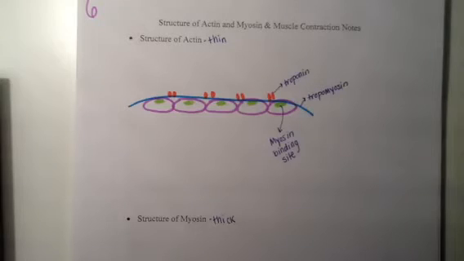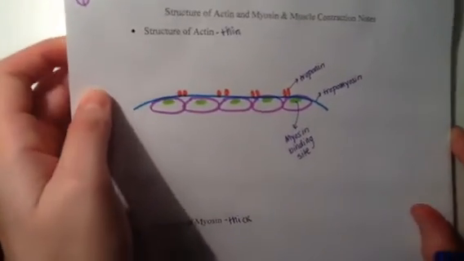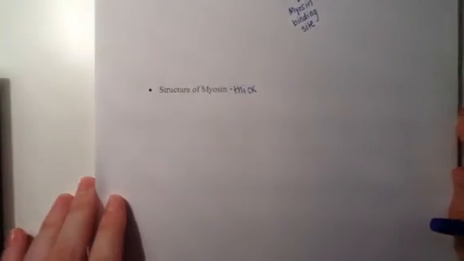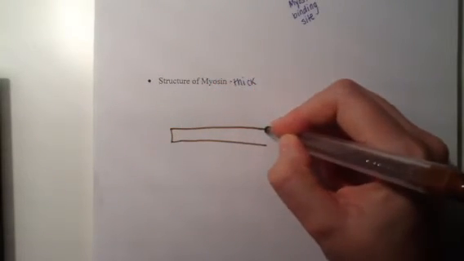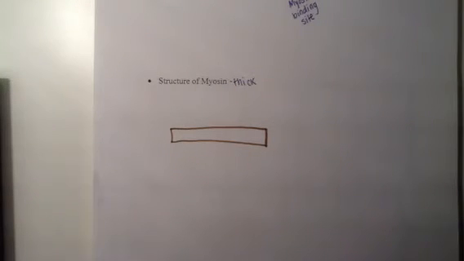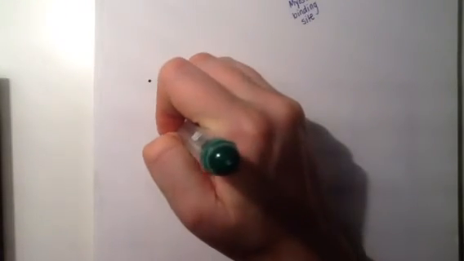Now we're going to draw the structure of myosin. So scroll down here. Myosin, if you remember, is a thick filament, so I'm just going to draw it as a thicker filament than the actin. On the actual myosin filament, there are going to be these little things, and in my mind they look like golf clubs. Those golf clubs have a head on them, and that's going to be called the myosin head.